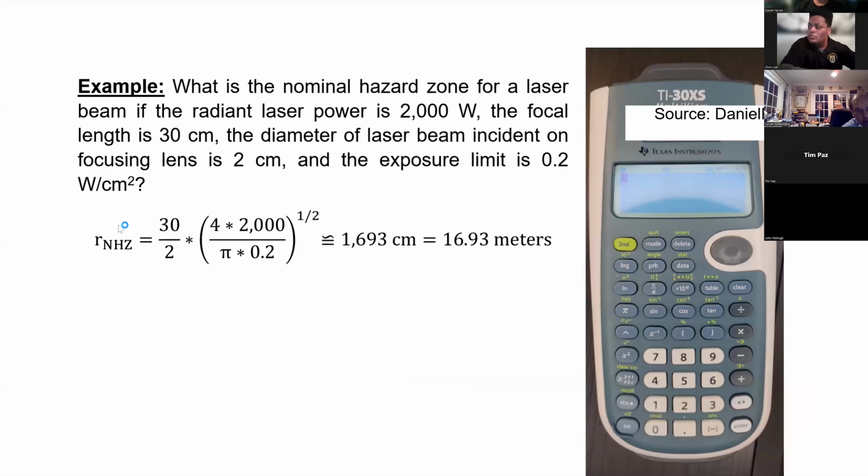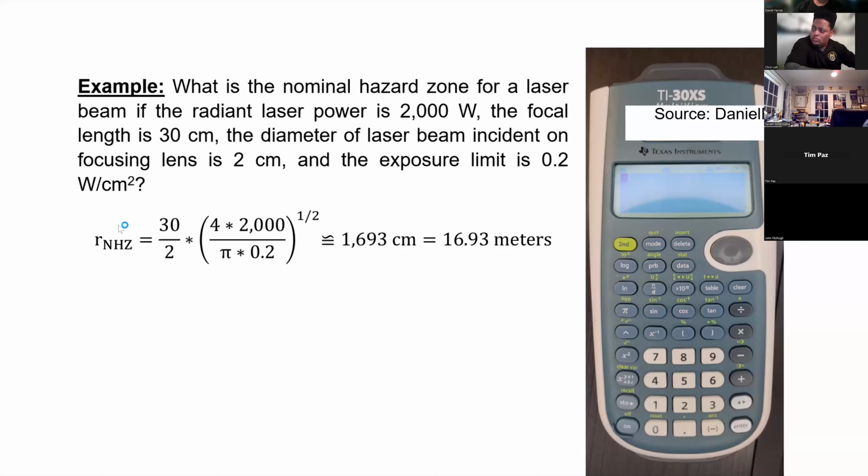For example, what is the nominal hazard zone for a laser beam if the radiant laser power is 2000 watts, the focal length is 30 centimeters, the diameter of the laser beam incident on the focusing lens is 2 centimeters, and the exposure limit is 0.2 watts per square centimeter?